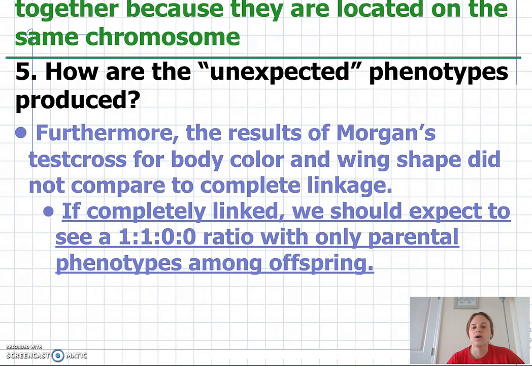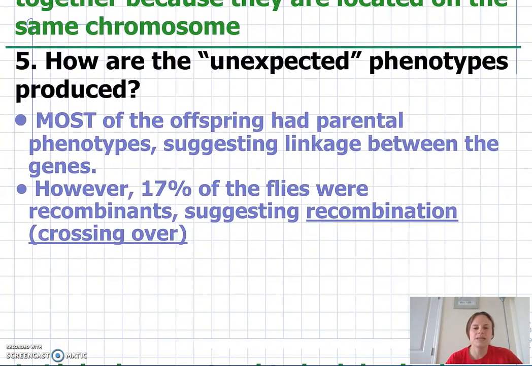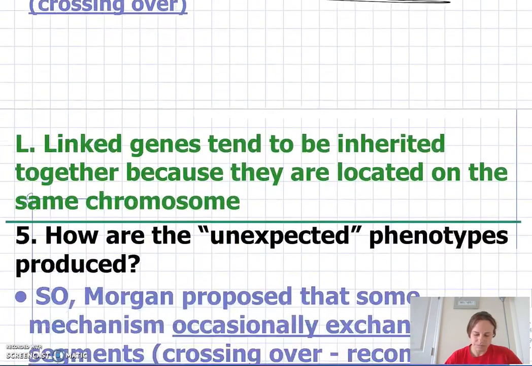There would be no offspring that don't look like the parental phenotypes, but that's not what Morgan saw. So he said there must be some sort of recombination or crossing over, some mechanism by which these alleles are being reshuffled. Where in Morgan's case, he ended up with 17% of the flies being this recombinant type.